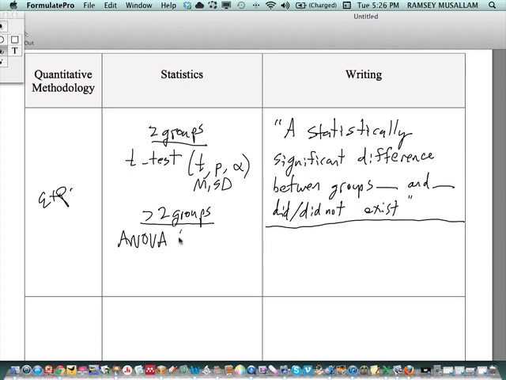You're going to see symbols, instead of T, you're going to see F. And you're going to see P, and you're going to see alpha, and you're going to see mean, and you're going to see standard deviation. Is that clear, guys? Okay, you're going to see F instead. I don't know why, but F means the same thing as T if we have more than 2 groups.